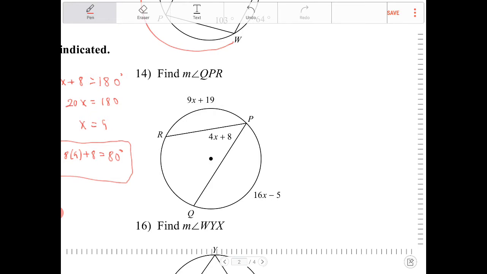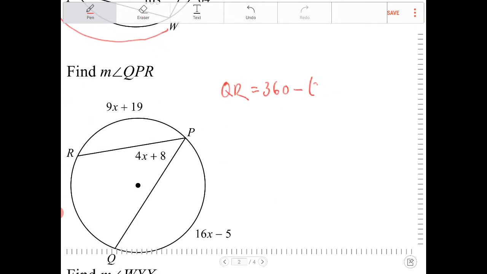Find angle QPR. So QPR is going to be half of arc QR. But well, I'm not given anything about arc QR. Well, I can certainly find out QR in terms of x, and that is 360 minus 9x plus 19 and minus 16x minus 5.